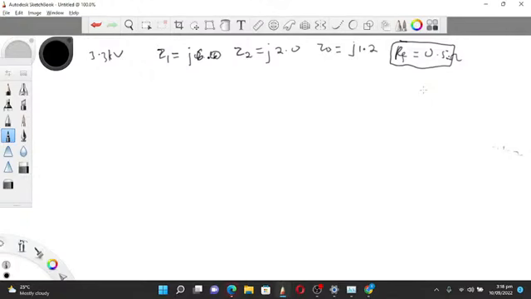So this is your terminal voltage. Let's call it EA1, the positive phase voltage, since that voltage is only given for the positive phase.